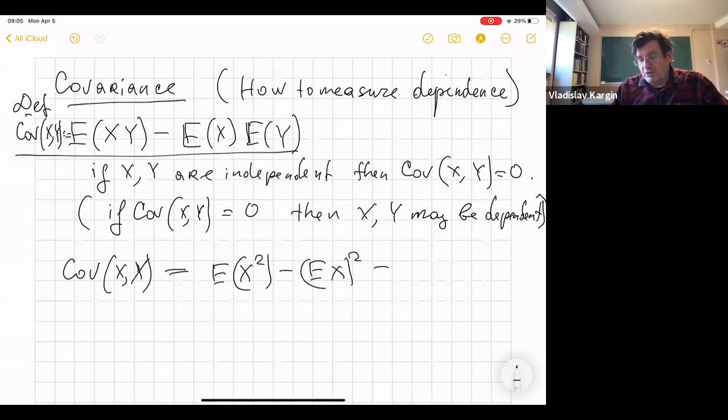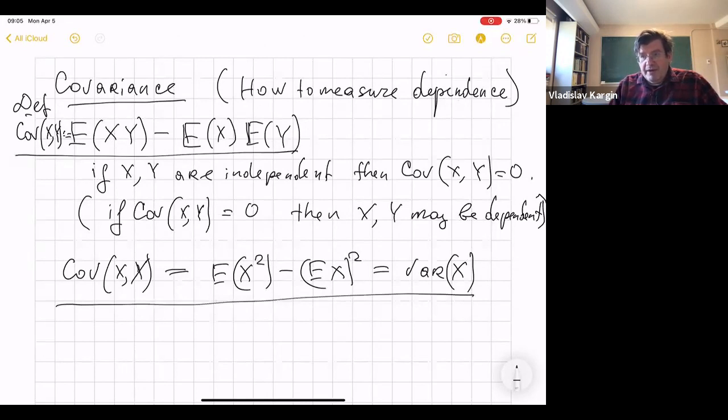So it's equal to the variance of X. So the covariance of a random variable with itself is equal to the variance of X, and we know that this quantity is greater than or equal to 0, and equal to 0 if and only if X is a constant. So in general this will be positive, as it should be, which is a known property of the variance.